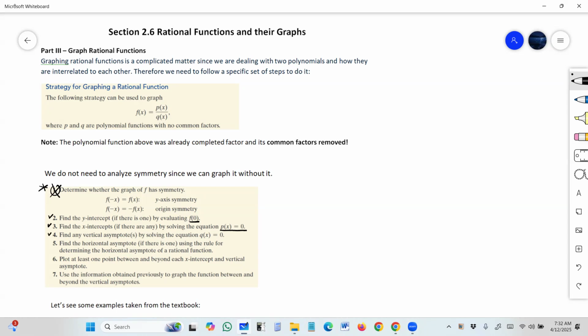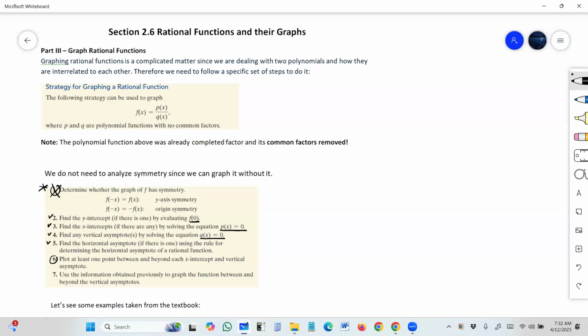We're going to then find the vertical asymptotes, and we find them by setting the denominator to 0 and solving for x. Then we are going to find the horizontal asymptote. You remember there were three possibilities for horizontal asymptote, so that has to be memorized.